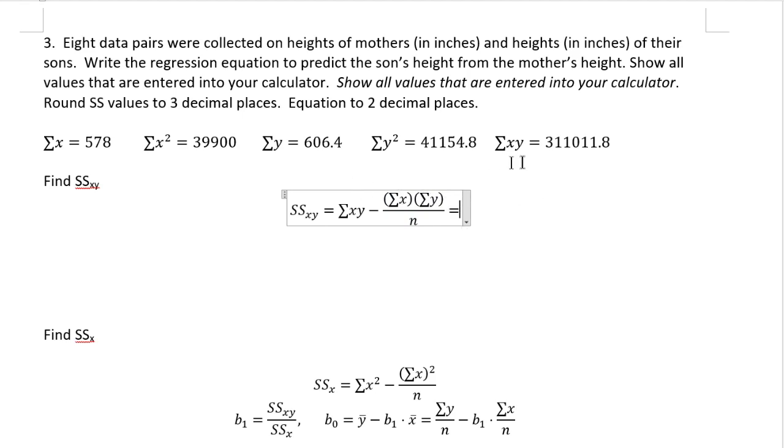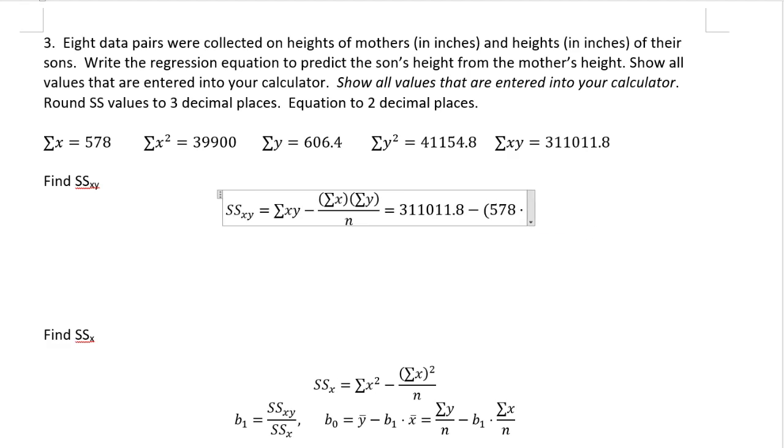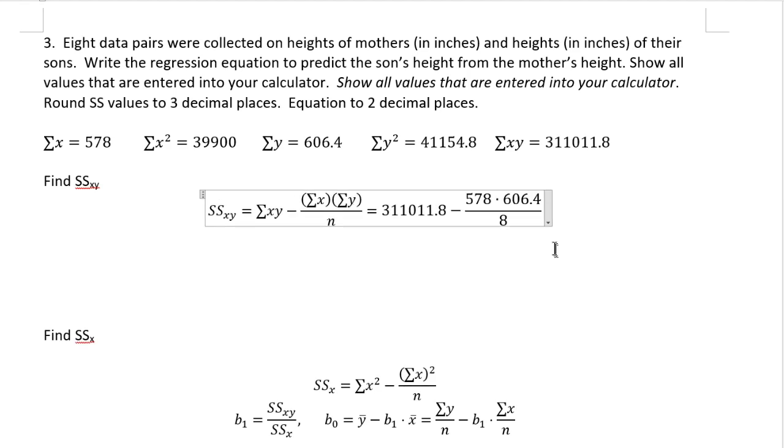And in our case, sum of xy is this value here, minus, it's a product of two things, 578 times 606.4. And then you divide this by n, and n is 8 data pairs, so divide this by 8. So this is the value of n.